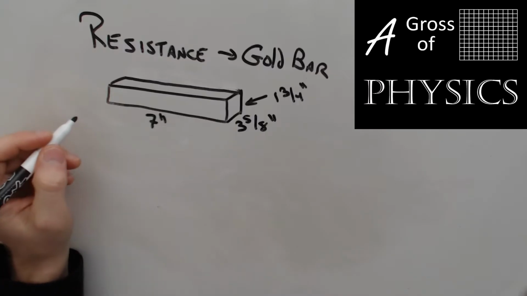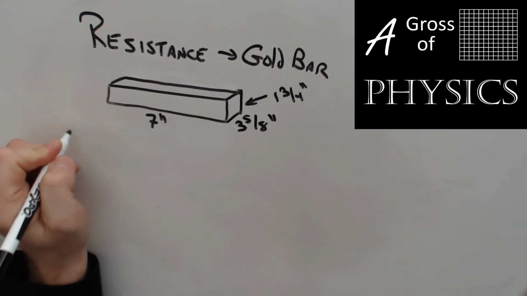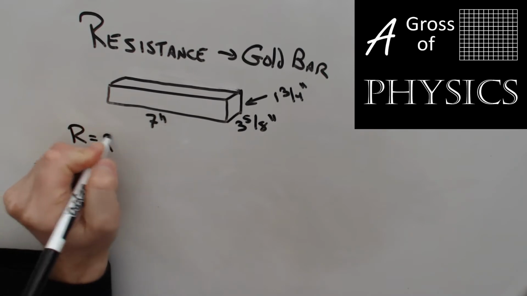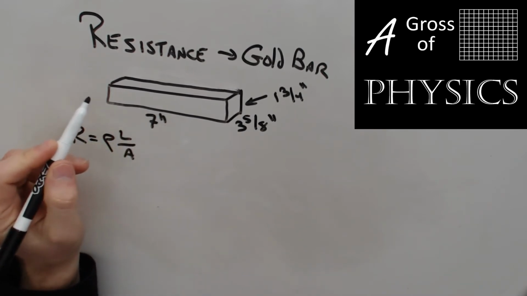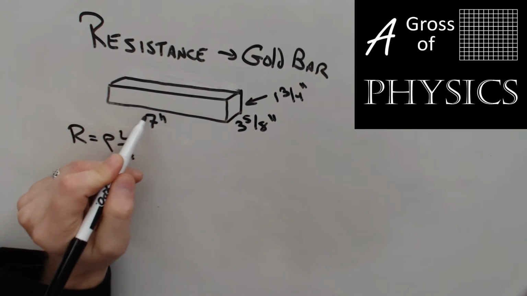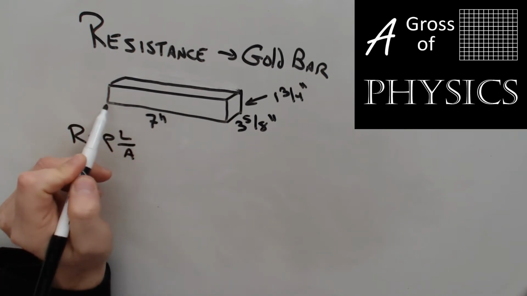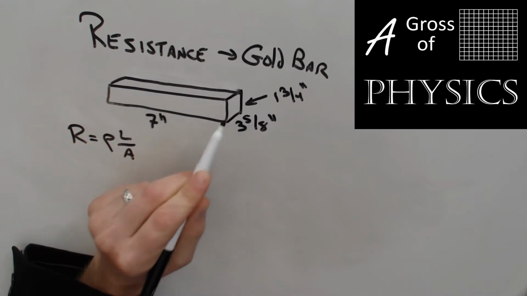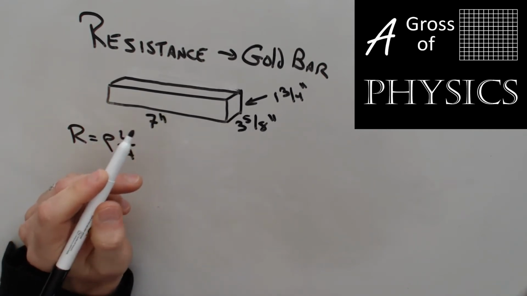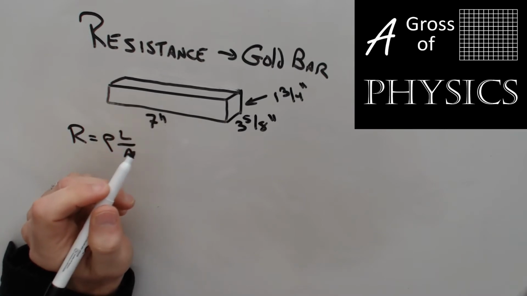All right. Now that we have the equation to find resistance, which is R equals rho L over A, what I was thinking is we could find the resistance of a standard gold bar. So I looked up the dimensions, and they're, of course, in inches: 7 inches by 3 5/8 by 1 3/4. So the first order of business is to convert to centimeters.